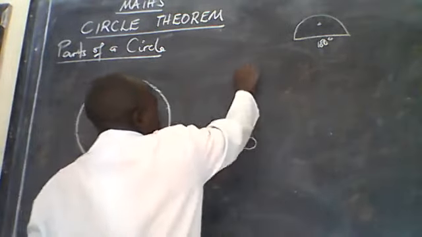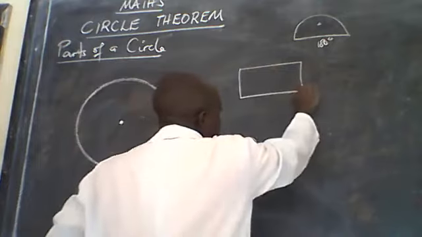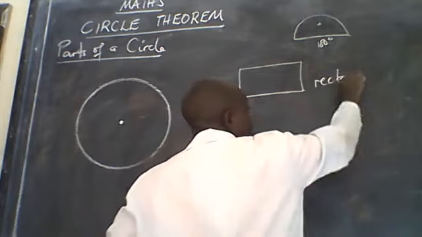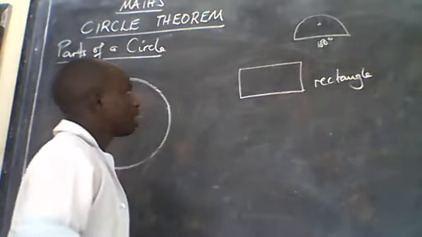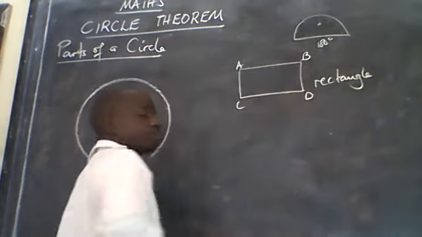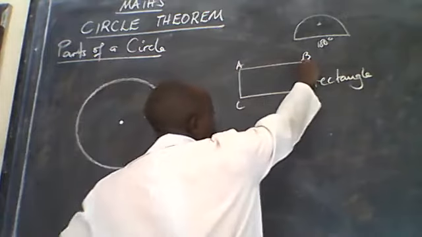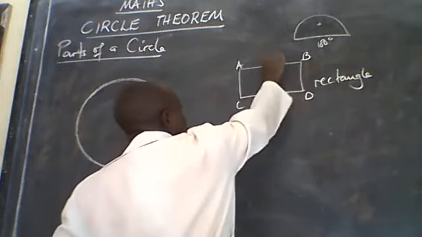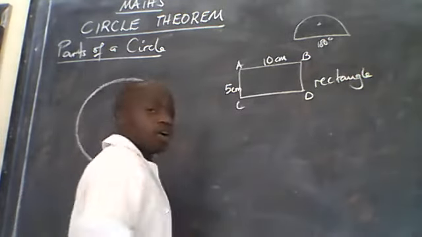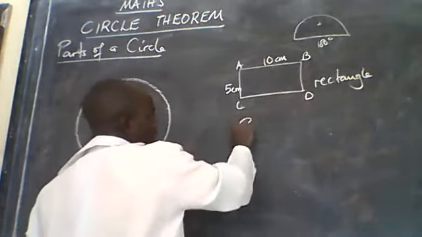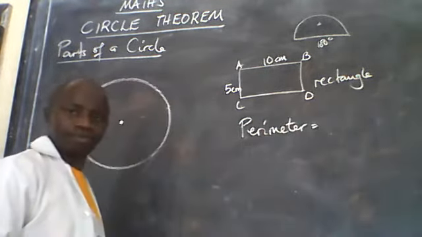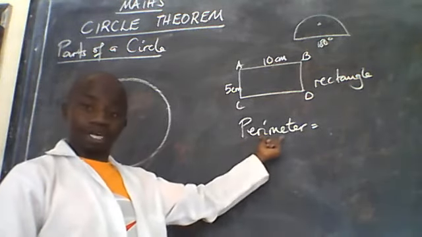Well, when I've got this shape, which is a rectangle, with corners A, B, C, D, if we say from A to B is 10 centimeters, AC is 5 centimeters, and we are asked to calculate the perimeter, we say it's the summation of sides, right?